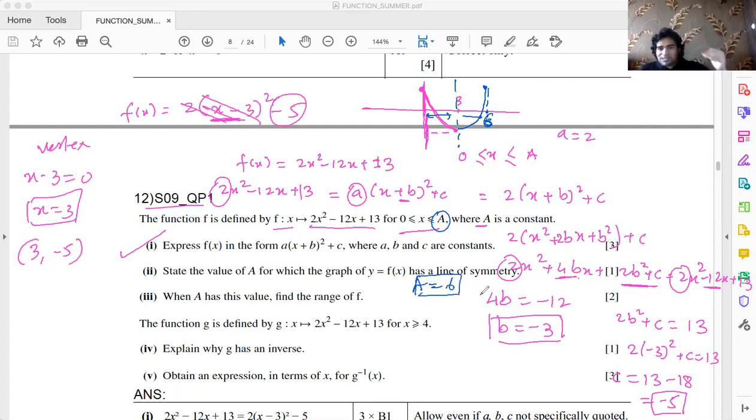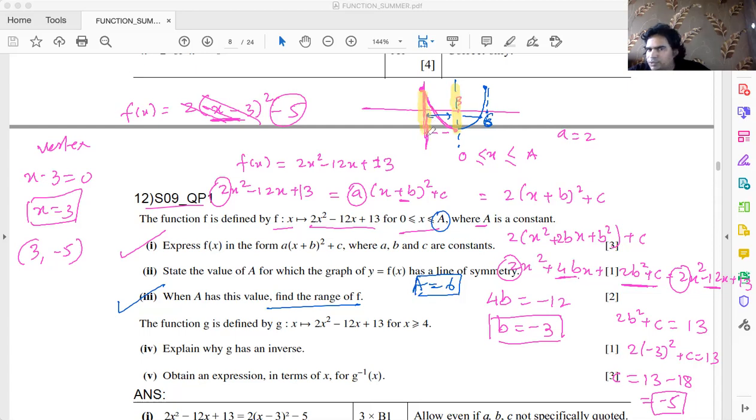Now, this is very interesting. This is a logical way to look at the problem. Now, for this value, find the range of the function. The range of the function is the possible y values, and when I look at the graph, it is from here to here.